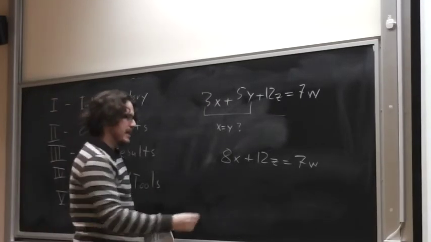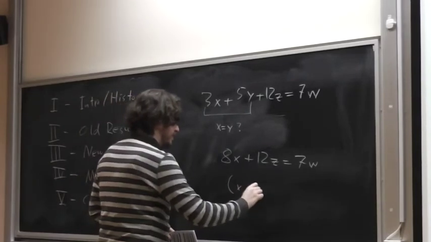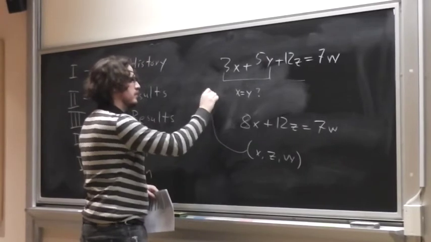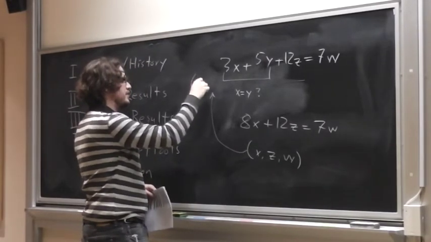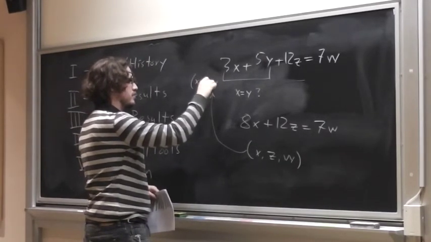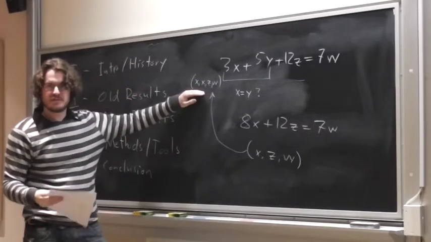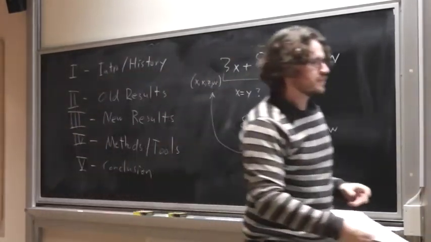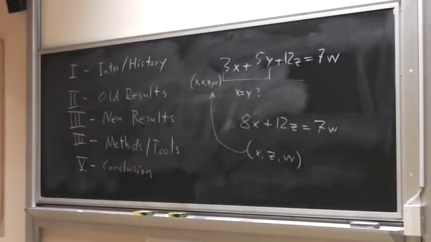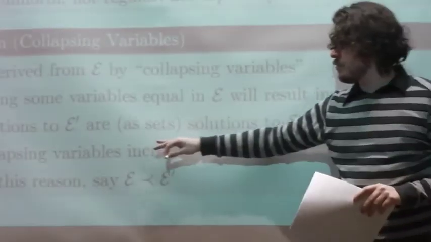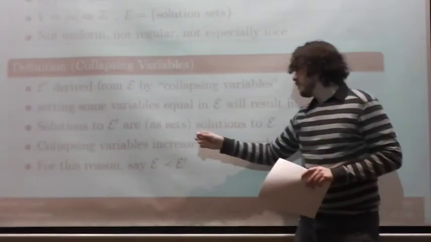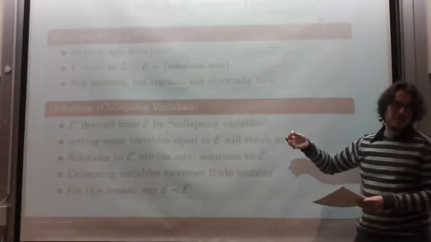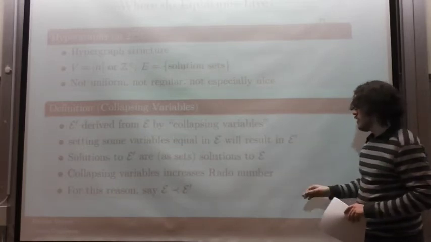So if I had x, z, w as a solution here, I should be able to just reuse x to get a solution here. So that gives me this statement here: solutions to the new equation, E prime, are solutions to the old equation. The opposite is not necessarily true. The converse will not hold.